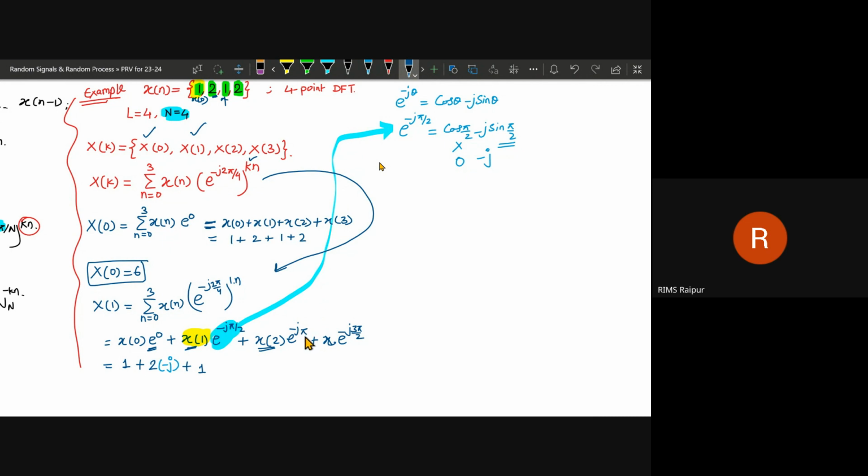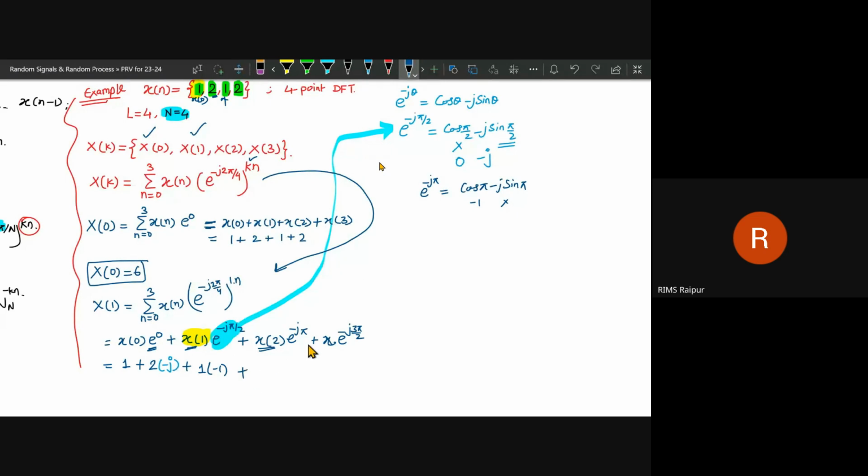Calculating e raised to power minus j pi, it will be cos pi minus j sine pi. Cos pi is minus 1 and sine pi is 0. So it will be minus 1.